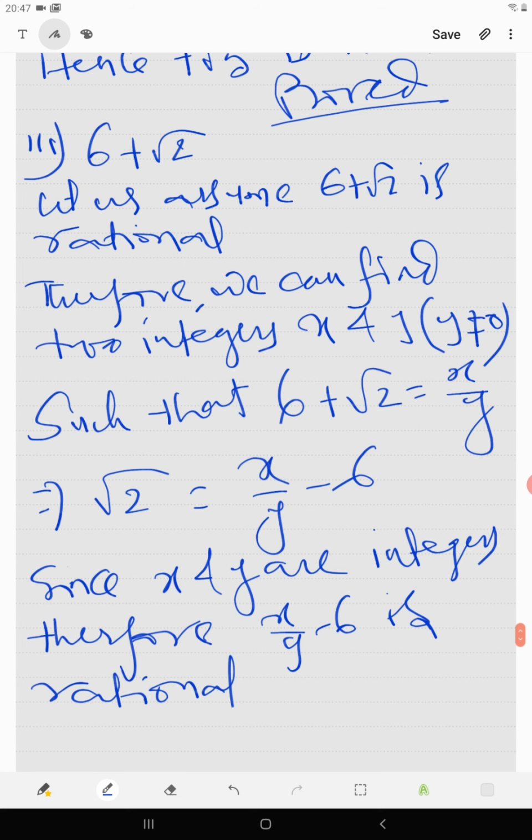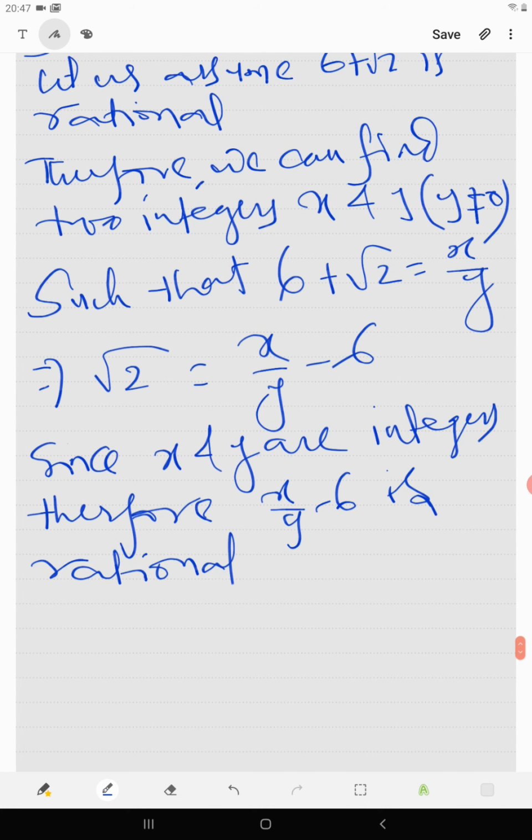I told you. Because we know the basic fact that if you are adding, multiplying, subtracting or dividing a rational number by any number, then the result is also a rational number. A rational number is the ratio of two integers.